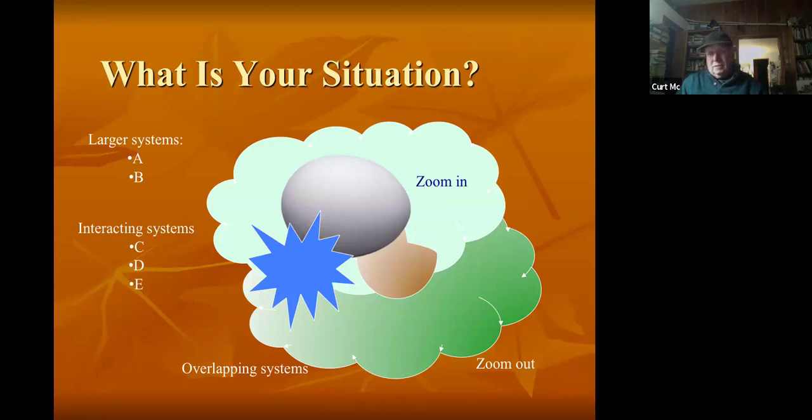In this case, they're the two clouds. If we had a situation where it was people or organizations interacting, the larger system might be something like the economy, another one might be culture, another one might be nature. So there are always multiple larger interacting systems. And then, of course, we want to list the systems that are interacting.